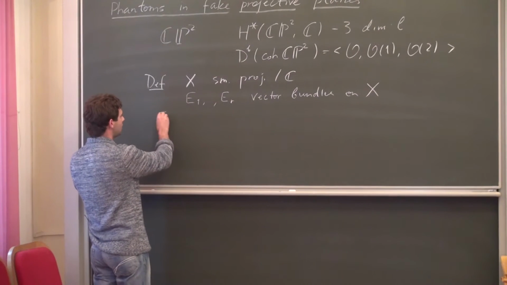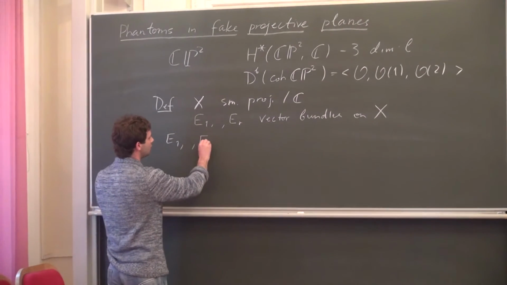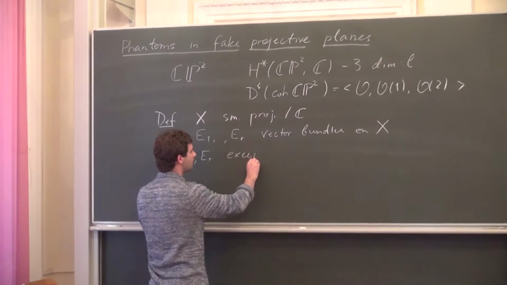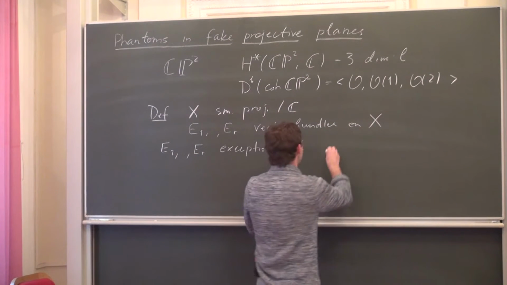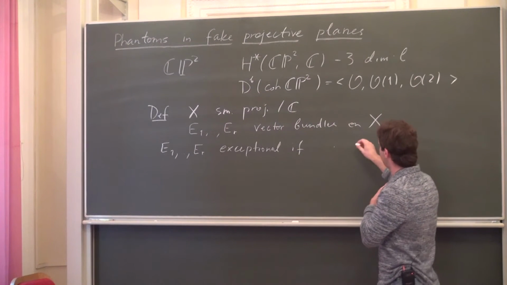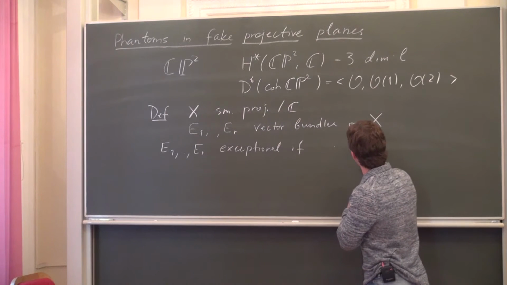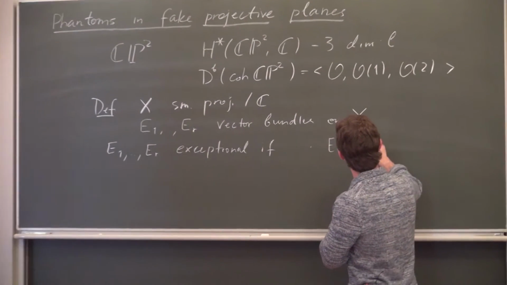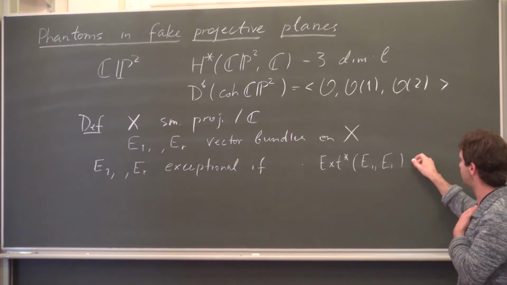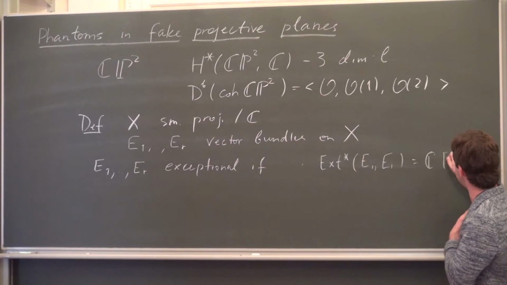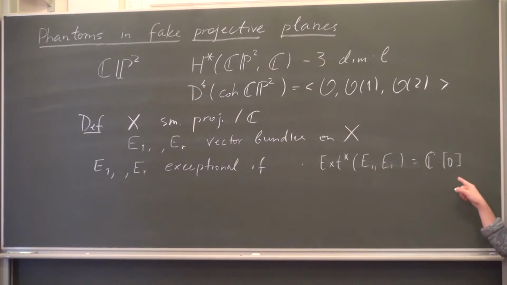So E1 to ER is exceptional if, first of all, each object is exceptional, which means that the Ext algebra for each i is generated by the identity. So it's C in degree 0. There's only identity and no higher Ext.